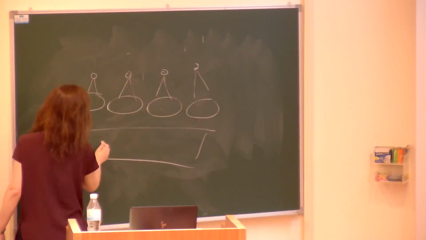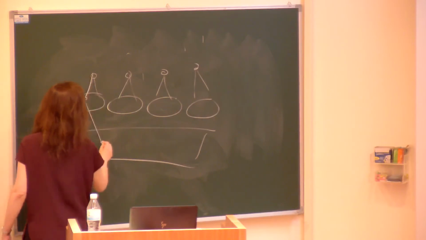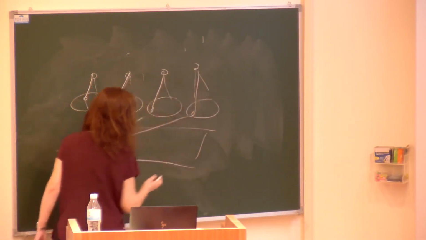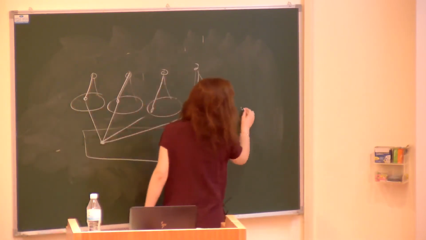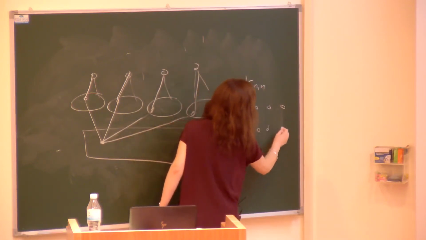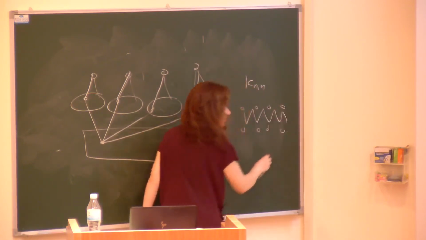What I want to say is take a vertex here and take paths like this. So maybe I should say what a K_{N,N} is. It's just n vertices and n vertices all pairwise adjacent.